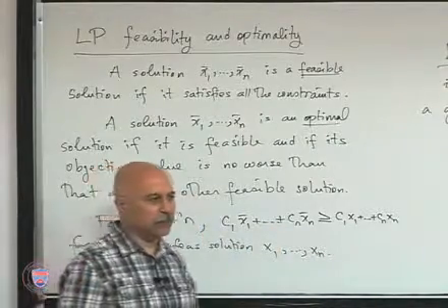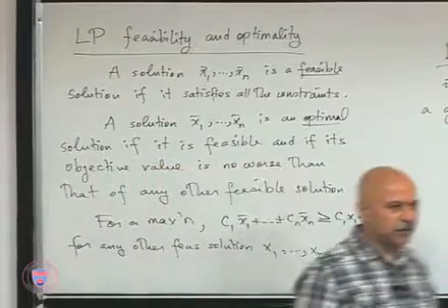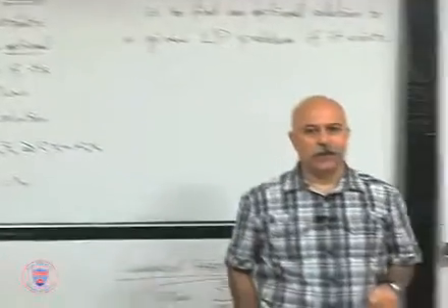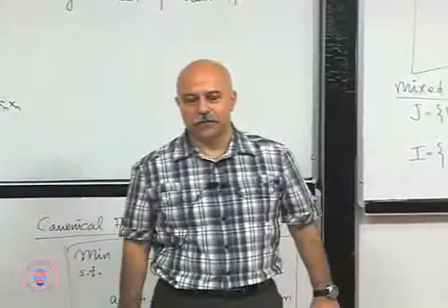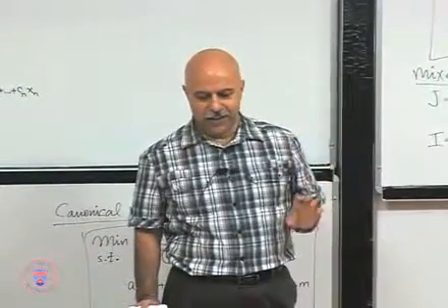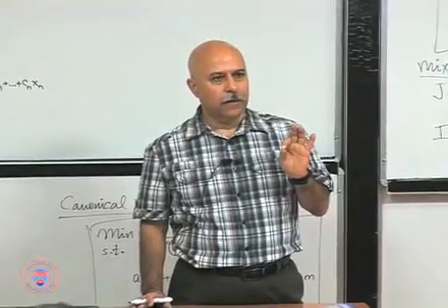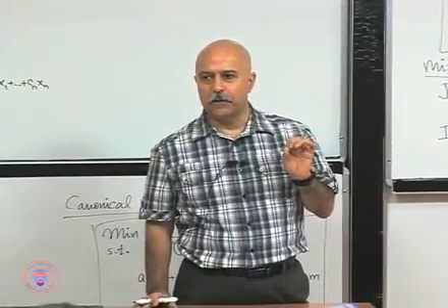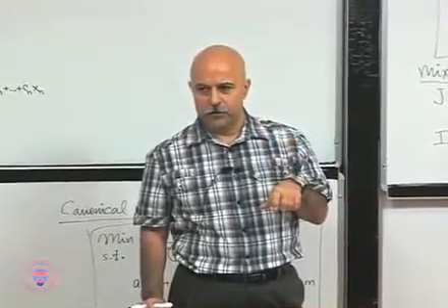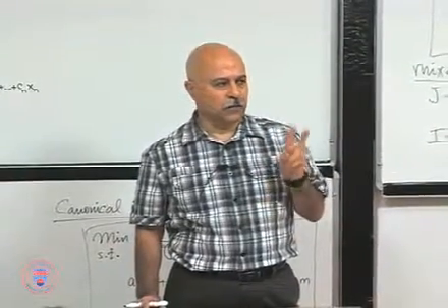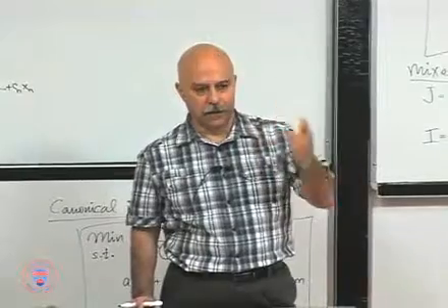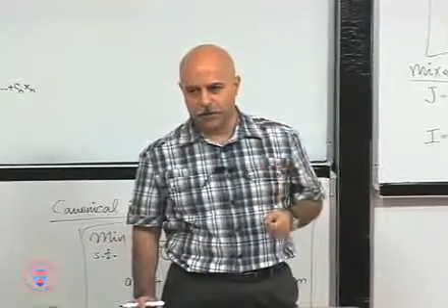This looks kind of complicated, but it's not too complicated. Let's put it this way. The linear programming problem will not have an optimal solution if for every feasible solution you can find another feasible solution which is better in objective value.